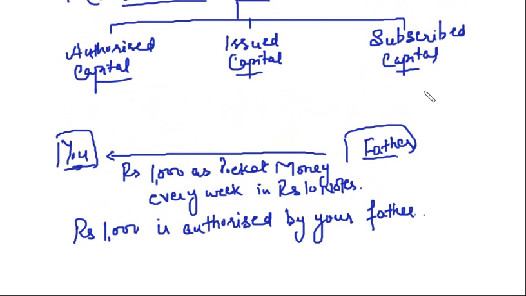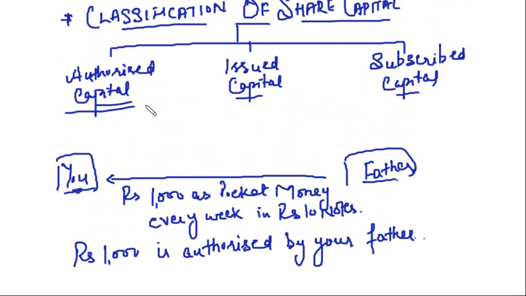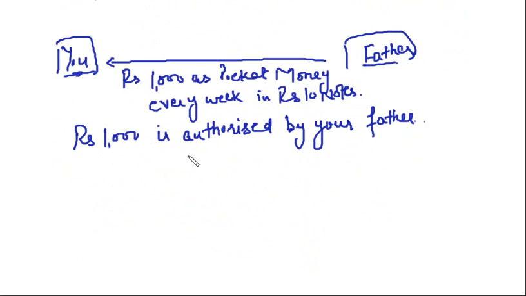So what I told you, the classification of share capital, the first one is authorized capital. Now, what is authorized capital? This is the maximum amount of money that a company can raise from outside.